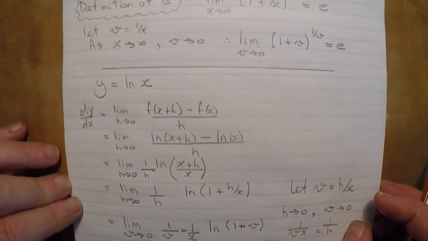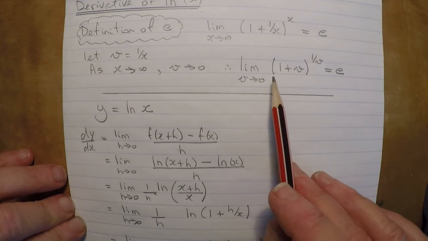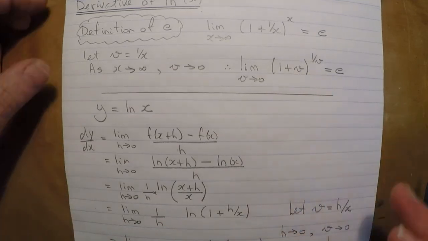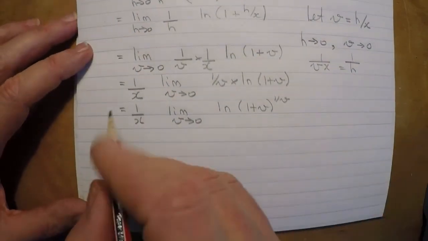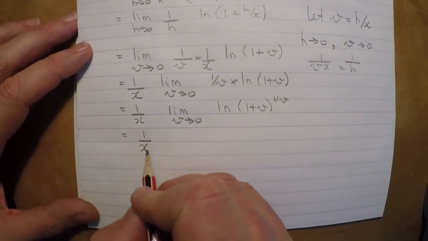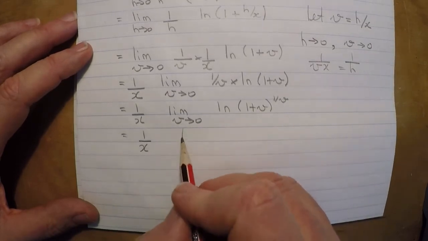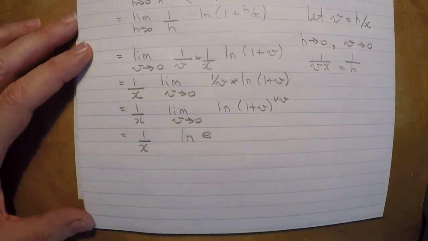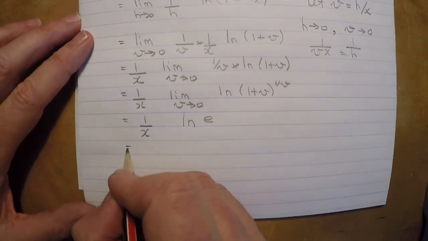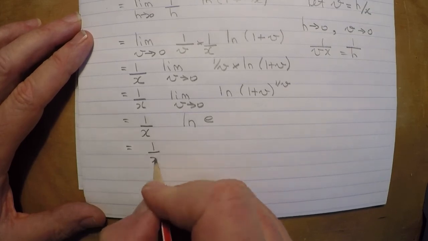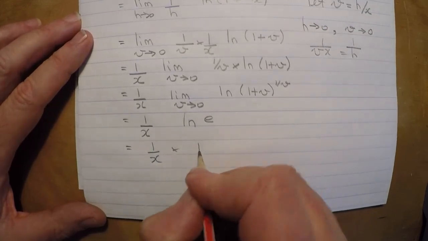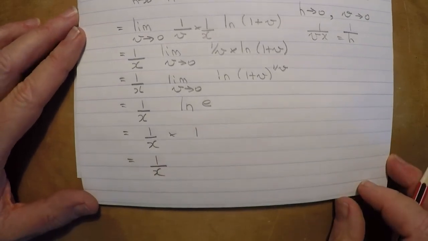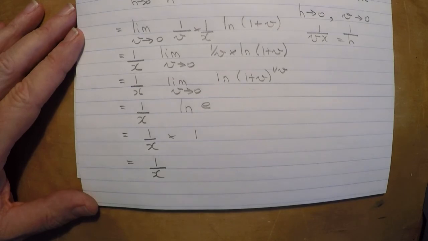That's what we had earlier: the limit of 1 plus v to the power 1 over v equaled the number e. So we can evaluate this now. 1 over x is still at the front, this is a natural log function, and all of this as v approached 0 turned out to equal e. Now, the natural log of e is 1. So the result is that the derivative of ln x is 1 over x.